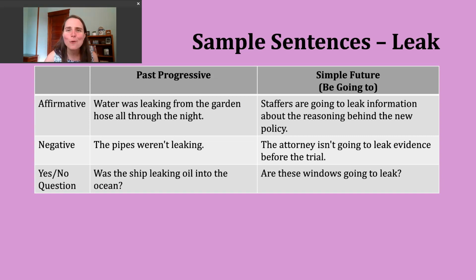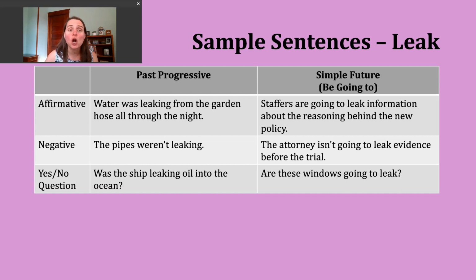Now, be is always a special verb, and in the past tense, there are actually two forms of this verb. If my subject is you, we, or they, I'm going to use were, W-E-R-E, before that ing form of the verb. But if my subject is I, he, she, or it, I'm going to use was and then the ing form of the verb.